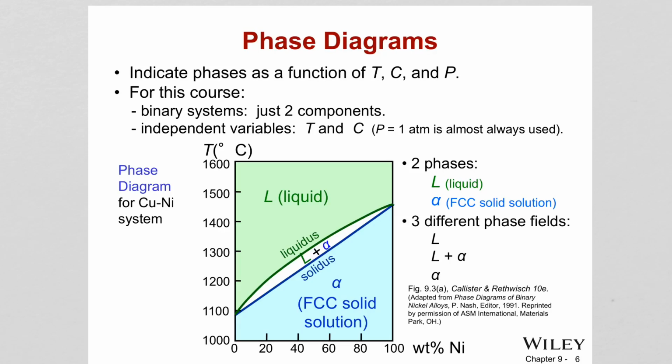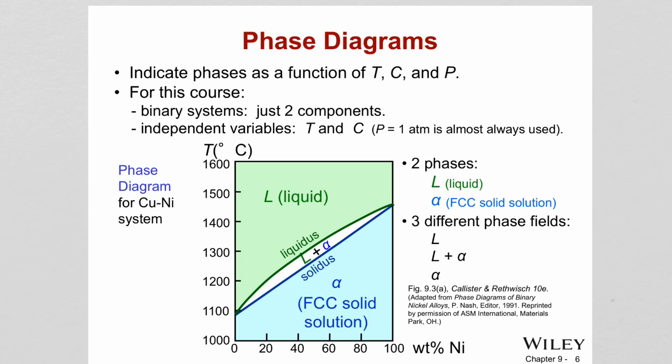So we are now going to take a look at the phase diagram of copper and nickel. The phase diagram will show us what type of phase you have as a function of temperature and composition. Usually when phase diagrams are plotted, the pressure is kept the same, at 1 atmosphere.